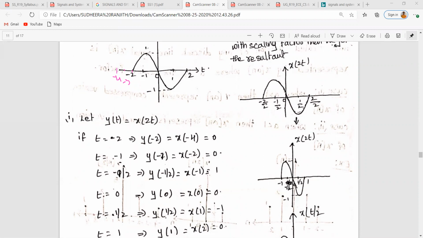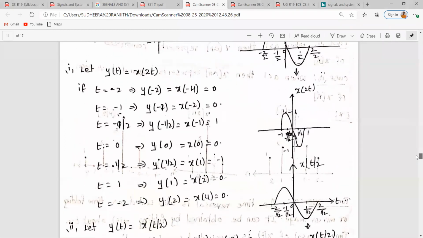So at t equal to -half, the signal has the magnitude of 1. Similarly, substitute t equal to 0, t equal to +half and 1. Then we are going to get the magnitudes like this. Then try to plot it.